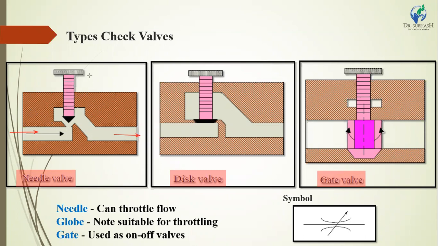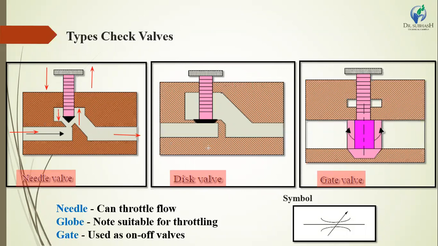If you move the screw in the outward direction, the gap between the seat point and the needle increases, so the maximum fluid can pass through. If you move the screw in the downward direction, it closes the portion between the seat and needle and closes some space, so the flow through the needle valve decreases.